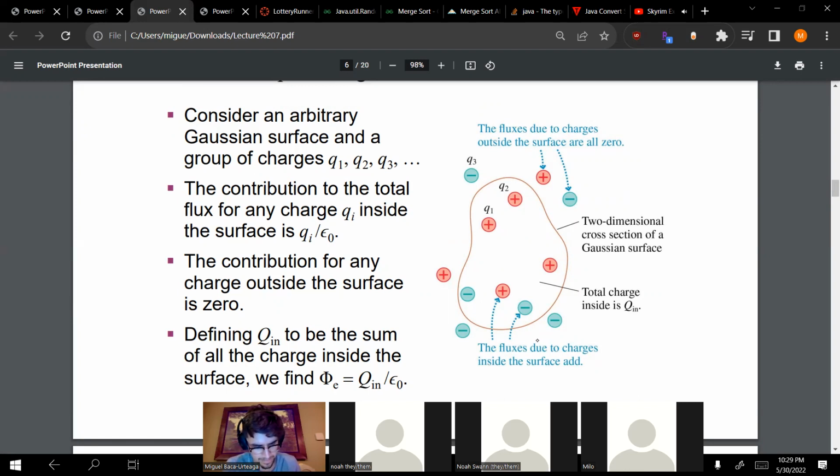From the principle of superposition, the flux is equal to the integral of electric field 1 dot product dA plus the integral of electric field 2 dot product dA, et cetera, et cetera. In total, as total charge enclosed within the surface, with this definition, we can write our result for the net electric flux in a very neat and compact fashion.